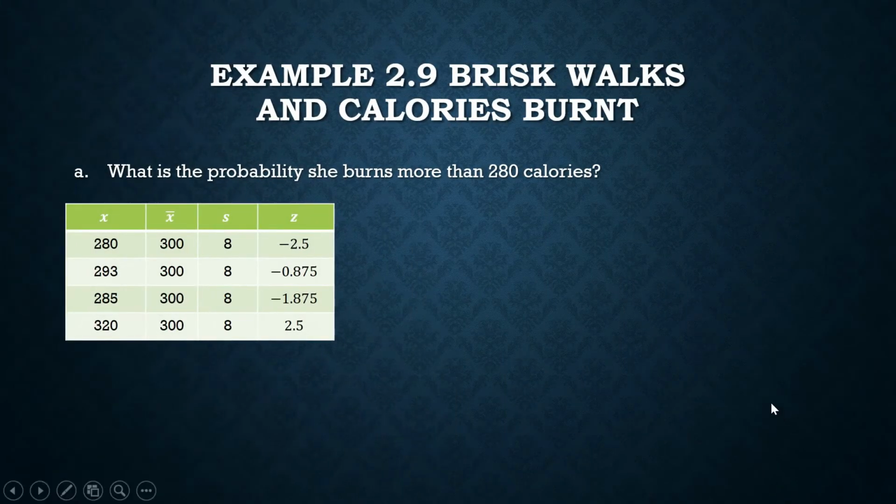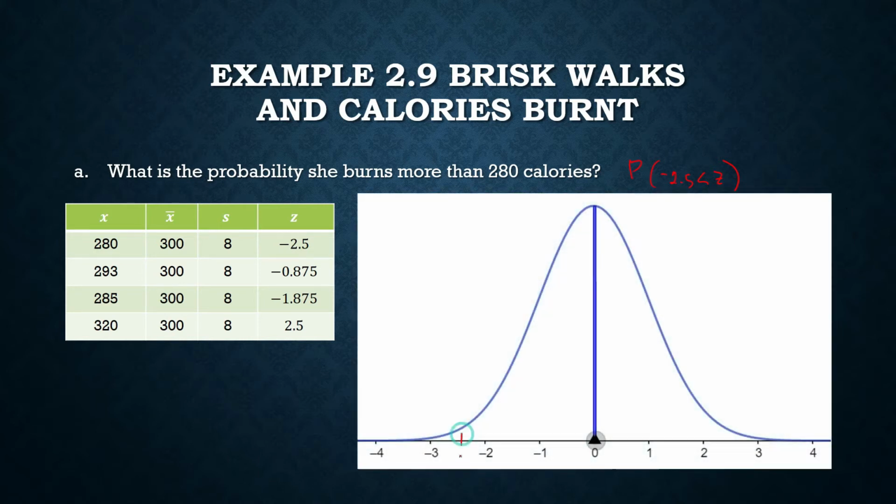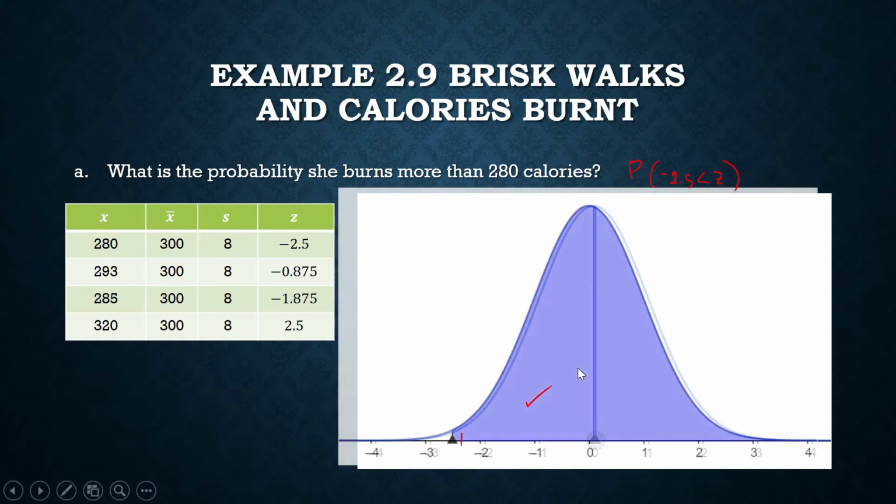What is the probability she burns more than 280 calories? In terms of z, this is like looking for the probability that z is greater than negative 2.5. So we will locate negative 2.5, and shade the region to the right of it.